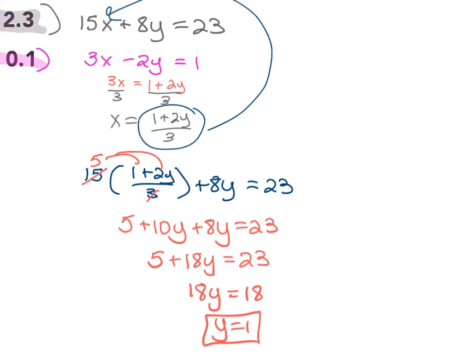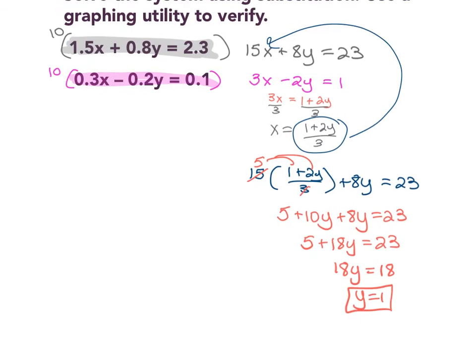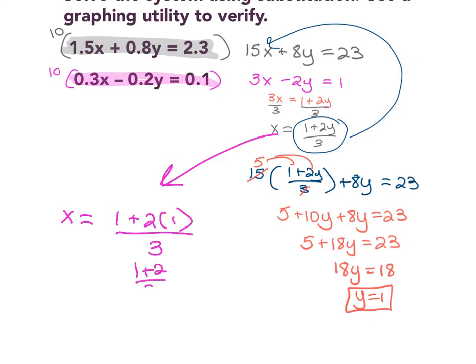There's my first variable. Take it and plug it back in. X equals 1 plus 2 times 1 over 3. 3 over 3, which is also 1.